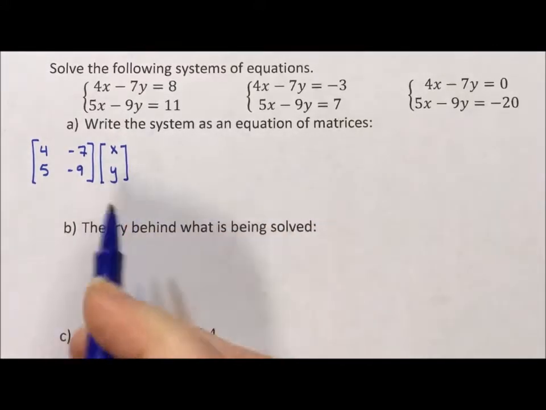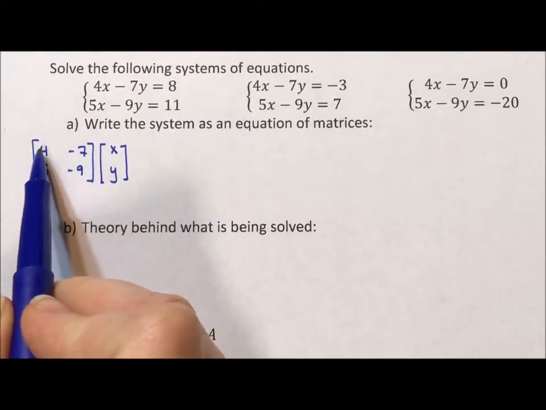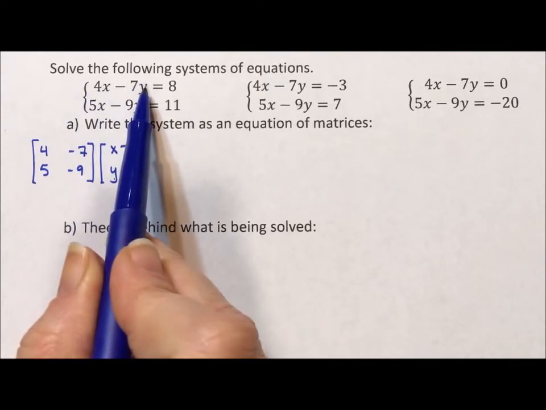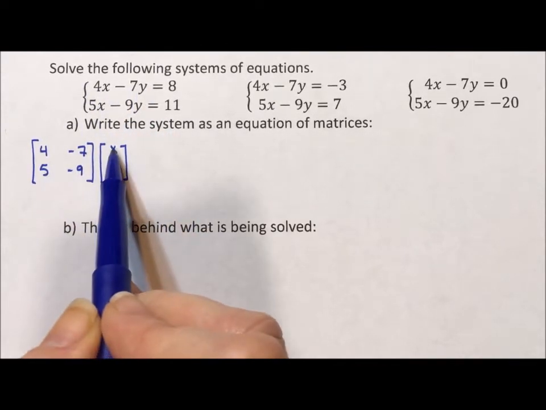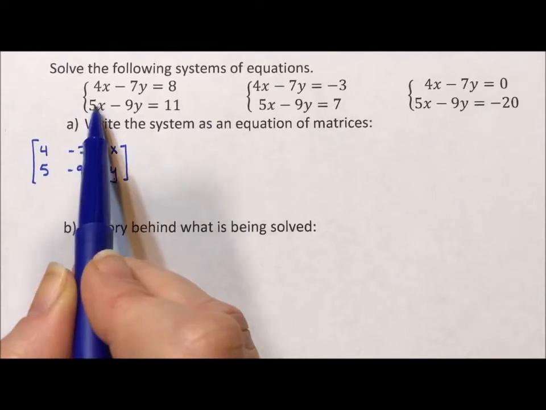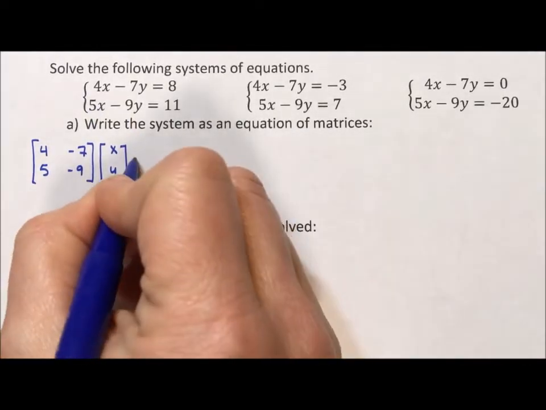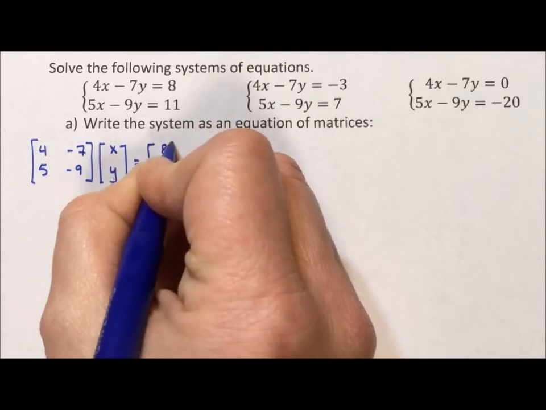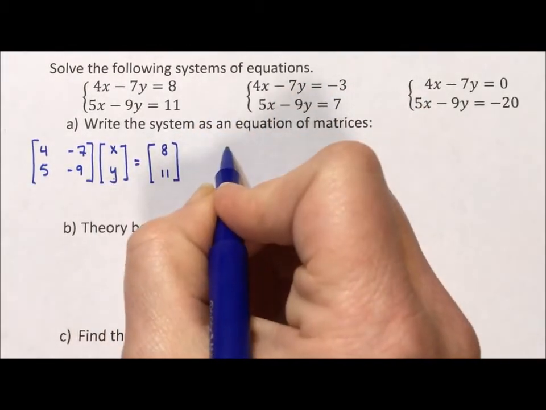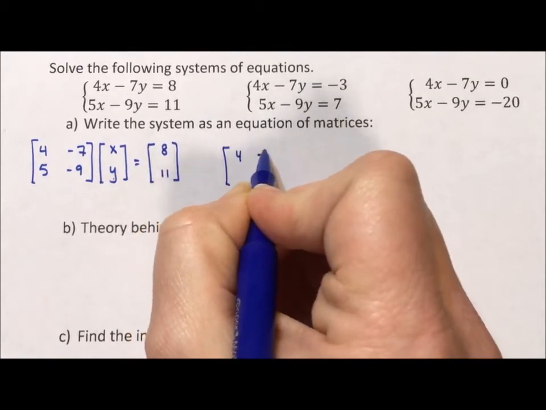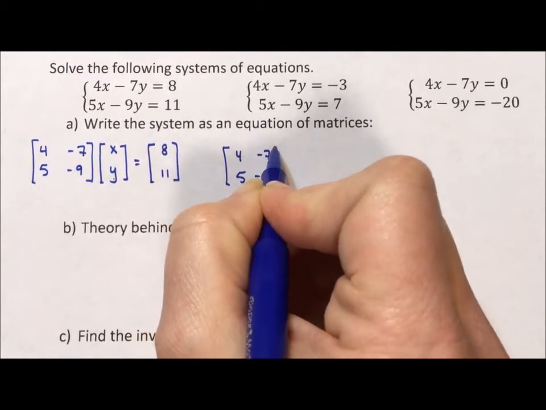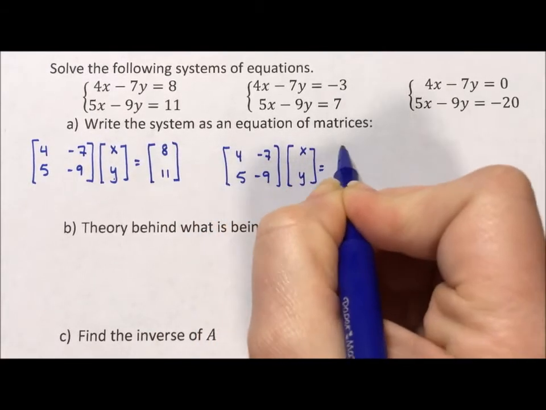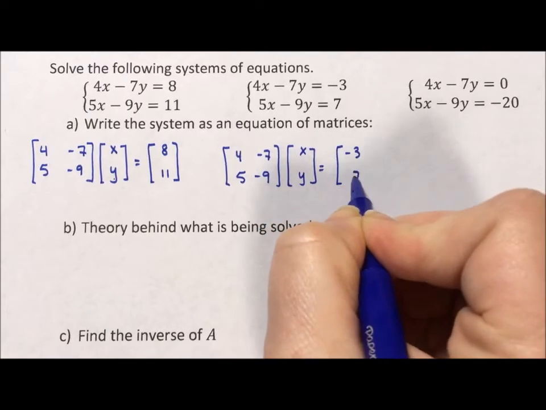If you think about how multiplying matrices works, this translates to 4 times x plus -7 times y, 4x minus 7y, and 5x plus -9 times y, 5x minus 9y. And we can say that this equals 8 and 11. If we do the same thing with the next one, we get 4 -7, 5 -9 times x y equals -3, 7.